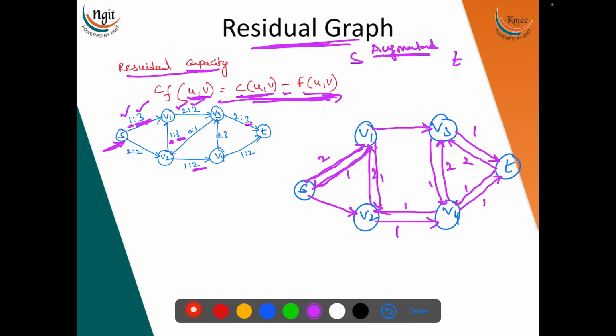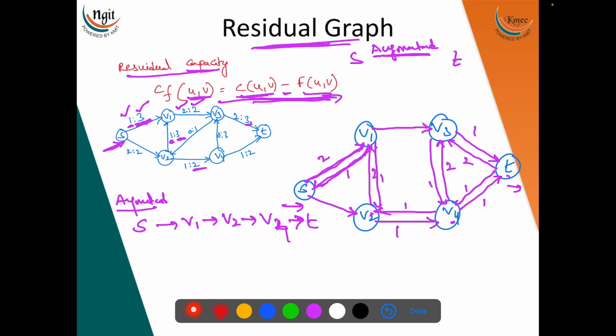Now the job is to find the augmented path. What is the augmented path? The path that exists from source to sink with residual capacity. That path is S to V1, V1 to V2, V2 to V4, V4 to T. Now, what are the residual capacities?